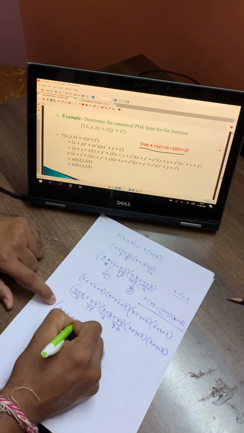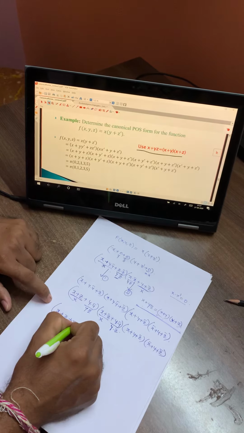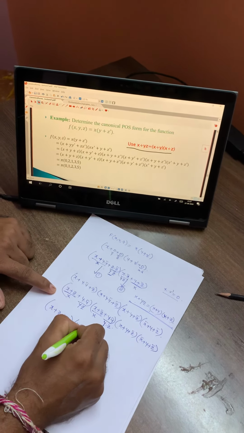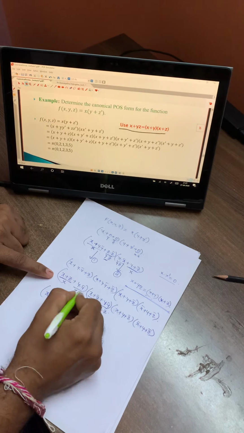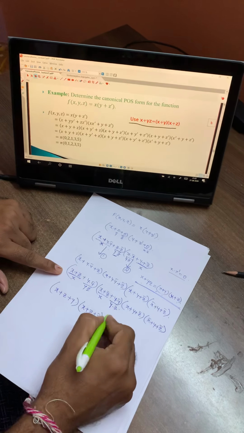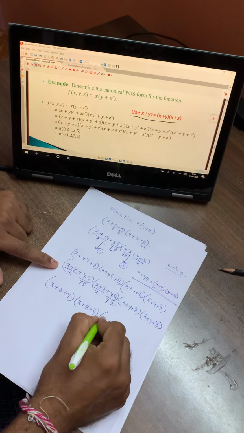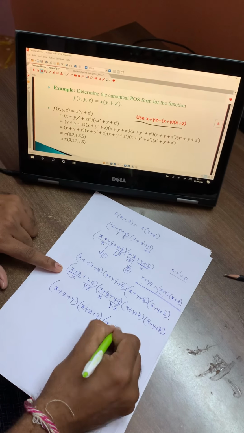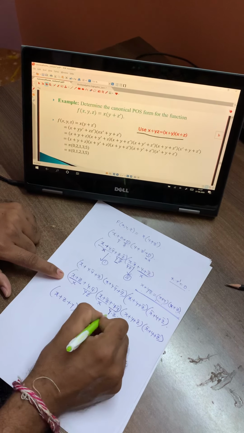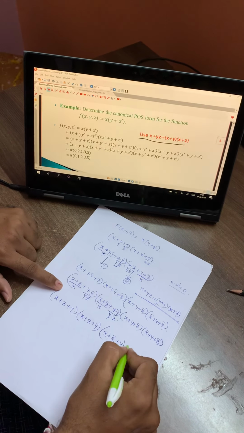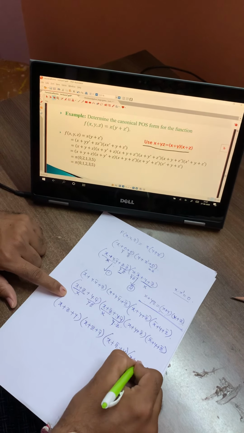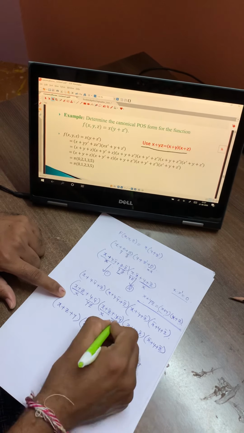So x is x plus z, y is small y, into x plus z, and z here represents y bar. Again the same principle: x plus z bar, and capital Y is small y. Then again x plus z: x is small x plus small z bar, and z is y bar.